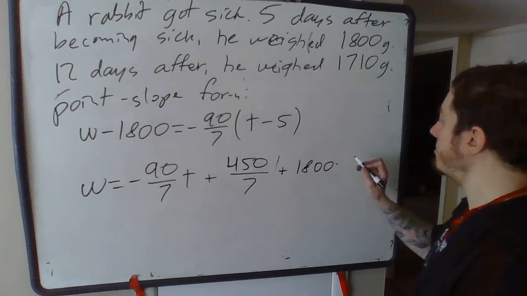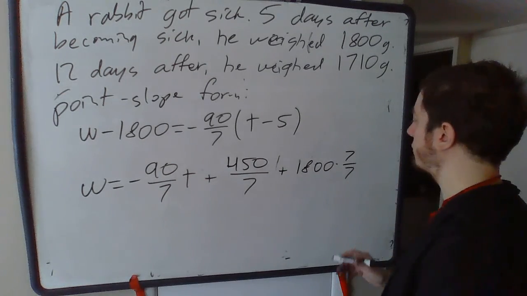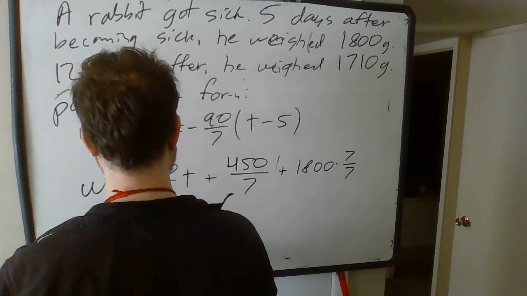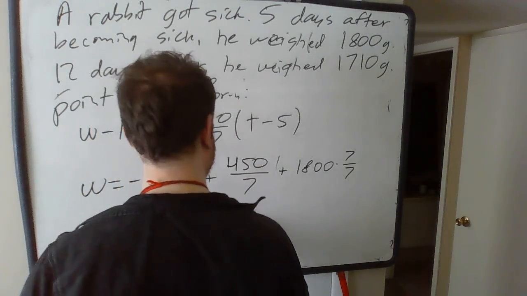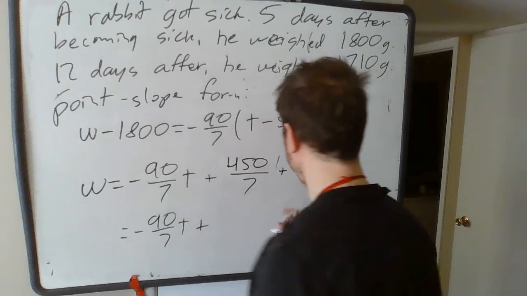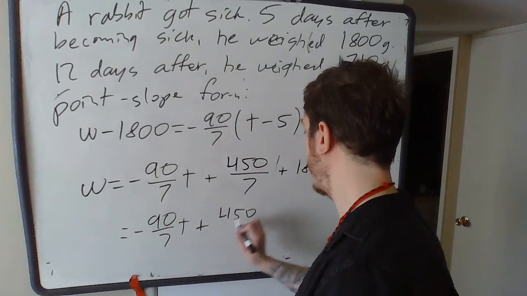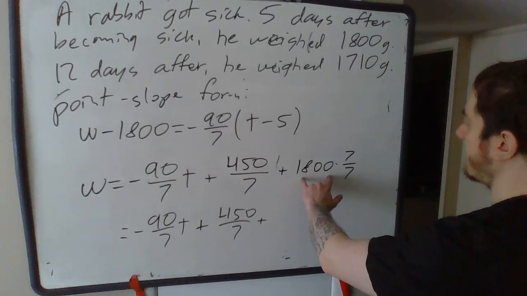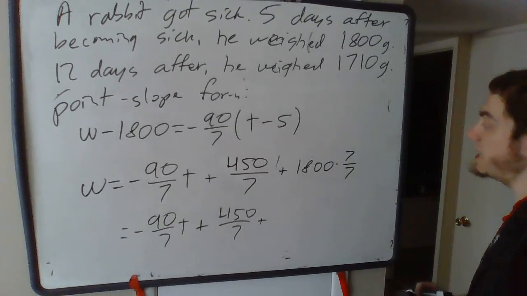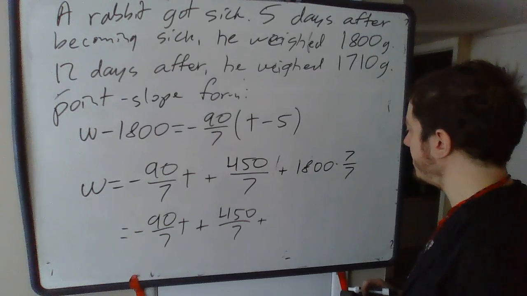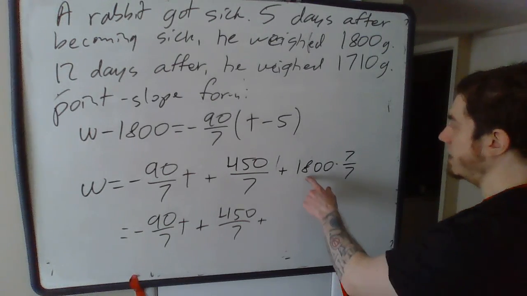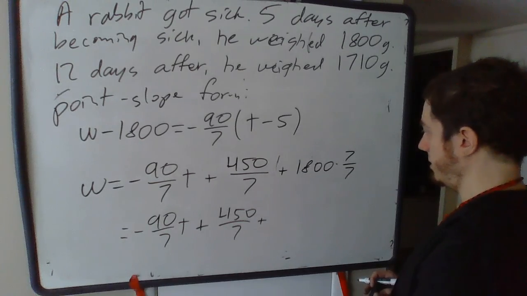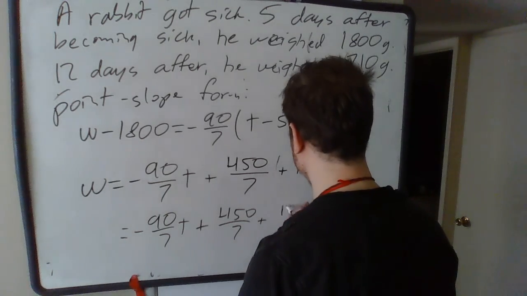So to get a common denominator here, I could multiply by 7 over 7. So this is going to be negative 90 over 7t, plus 450 over 7 plus, let's see, 1800 times 7. So 1000 times 7 would be 7,000. And then 7 times 8 is 56. So 7,000 plus 5,600 is 12,600.